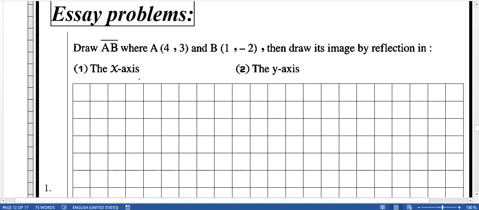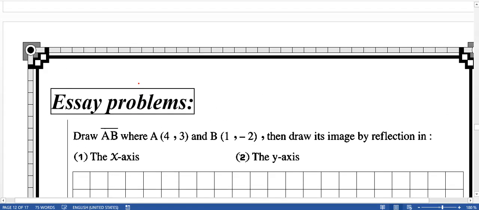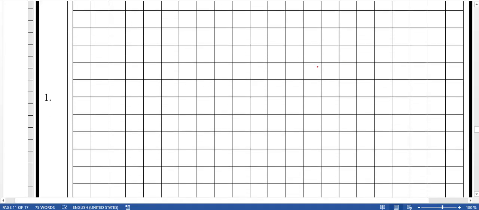Here, draw AB where A is 4, 3 and B is 1, -2. Then draw the image by reflection in the x-axis and y-axis. Here is the coordinate plane.